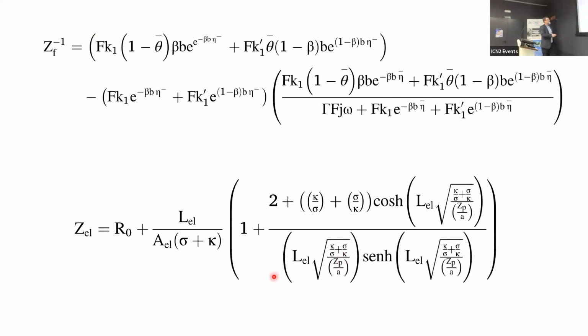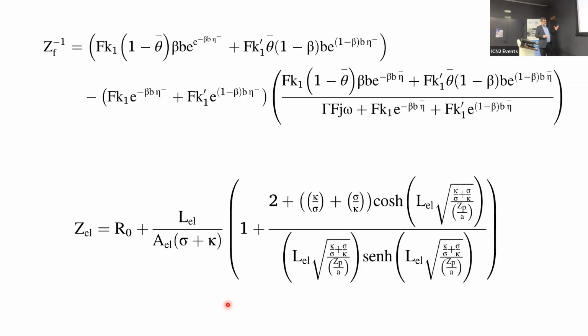And the other part of this function is associated with the porosity, because this is a three-dimensional material. So the field lines are different from the planar electrode.